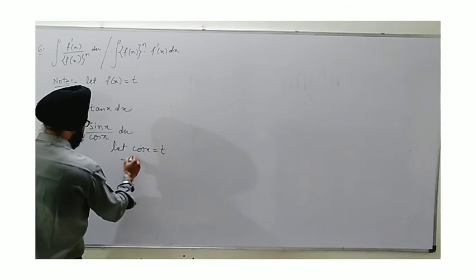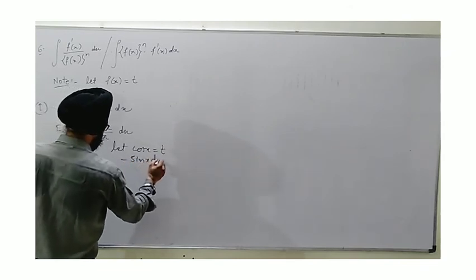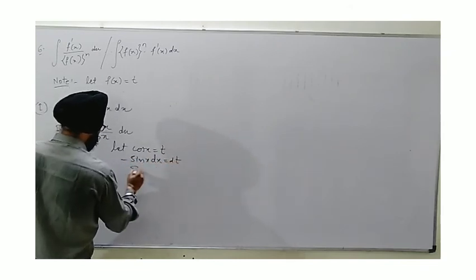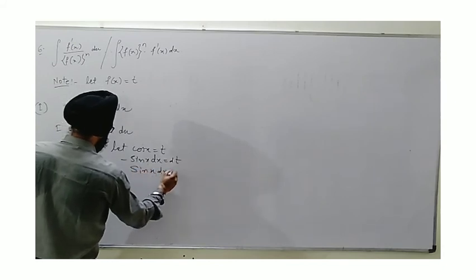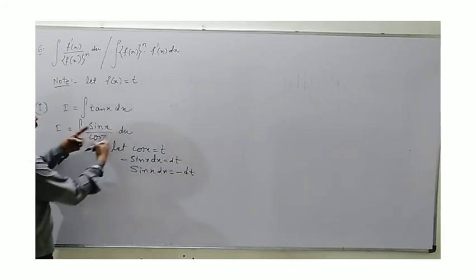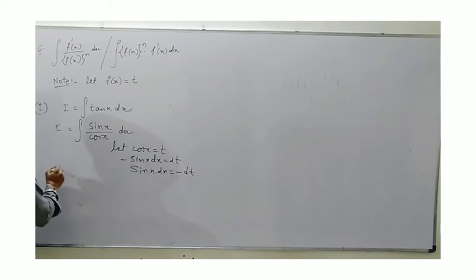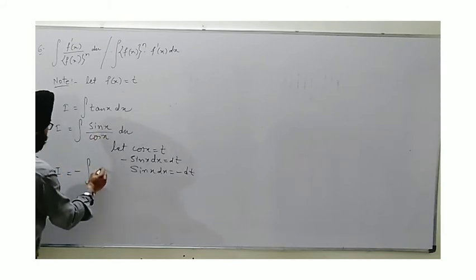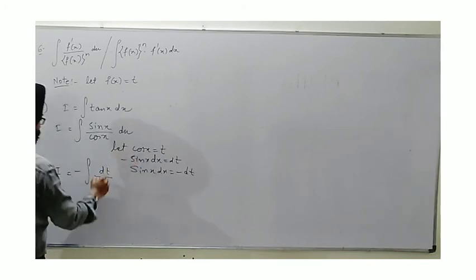Now differentiating, we get minus sin x dx as dt. So the value of sin x dx is minus dt, which is available in the numerator. Now we can say this is minus dt upon t, as we have taken cos x as t.